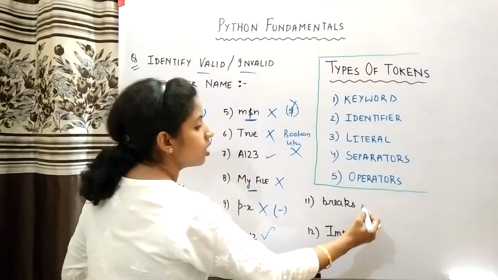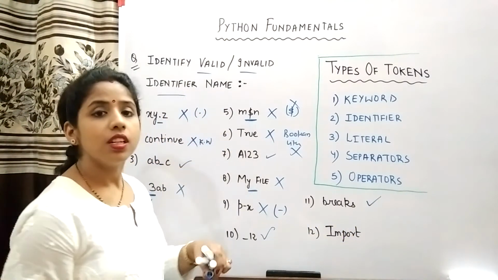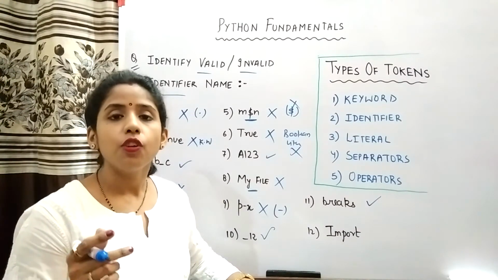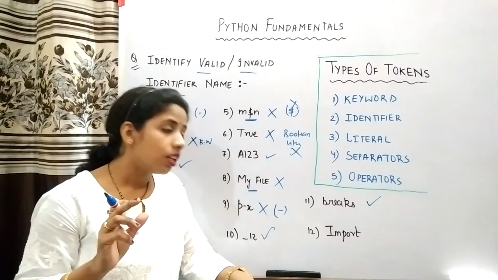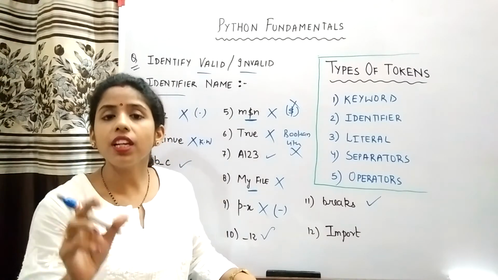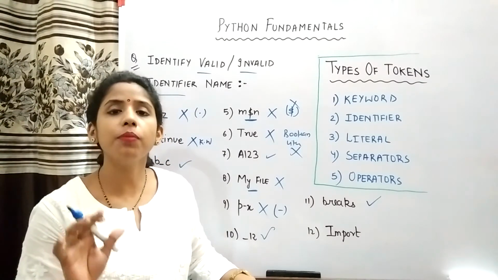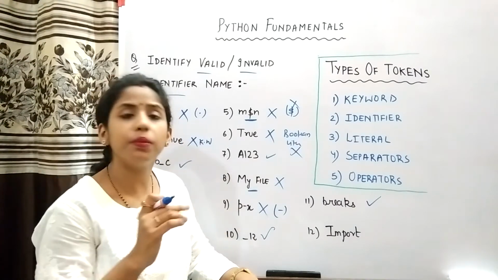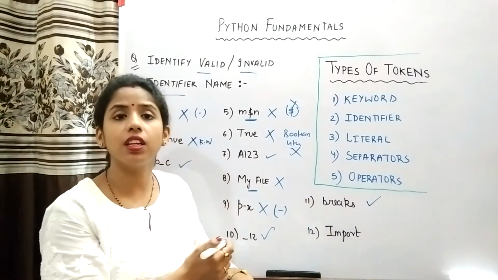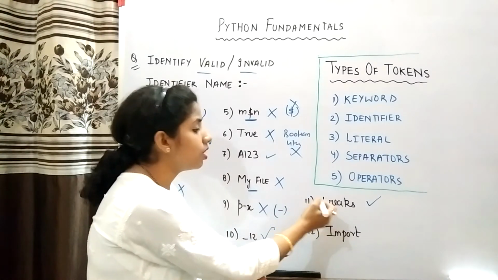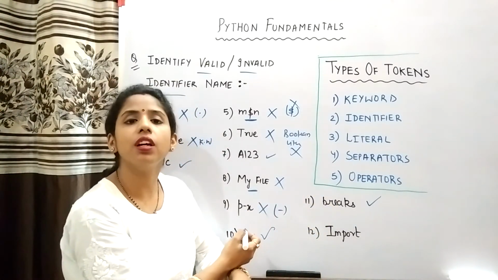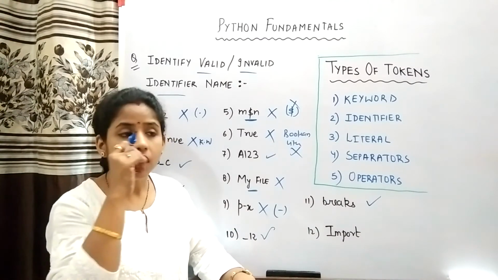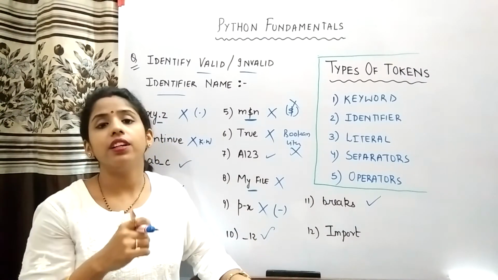Then this breaks is valid. See children, there is a keyword, like I told you that break is a keyword. Okay, but this keyword is break in small letters. Now if you make a small change in this keyword, like you add s at the end, means you make it breaks like it has been done here, or you simply keep the B capital, then it will not be a keyword, and in that case you can utilize it as an identifier name.